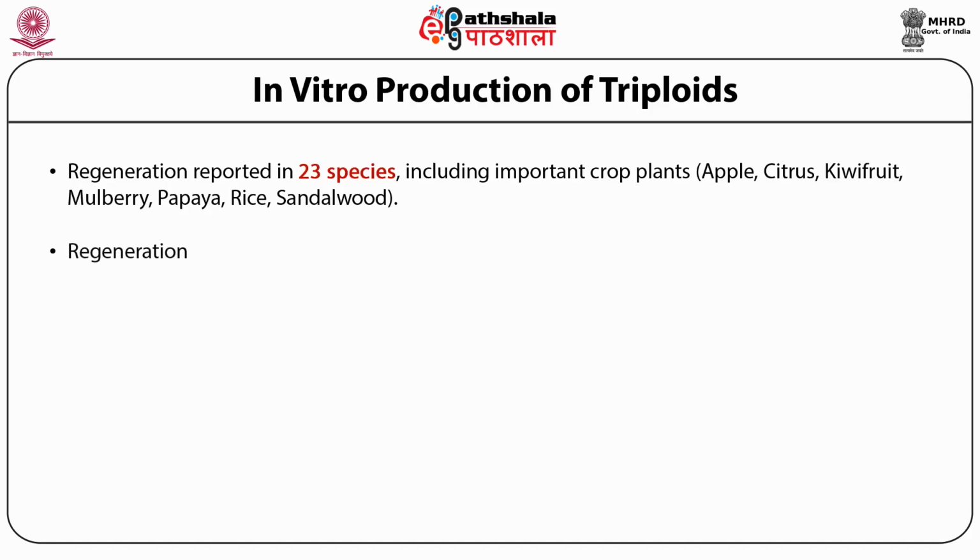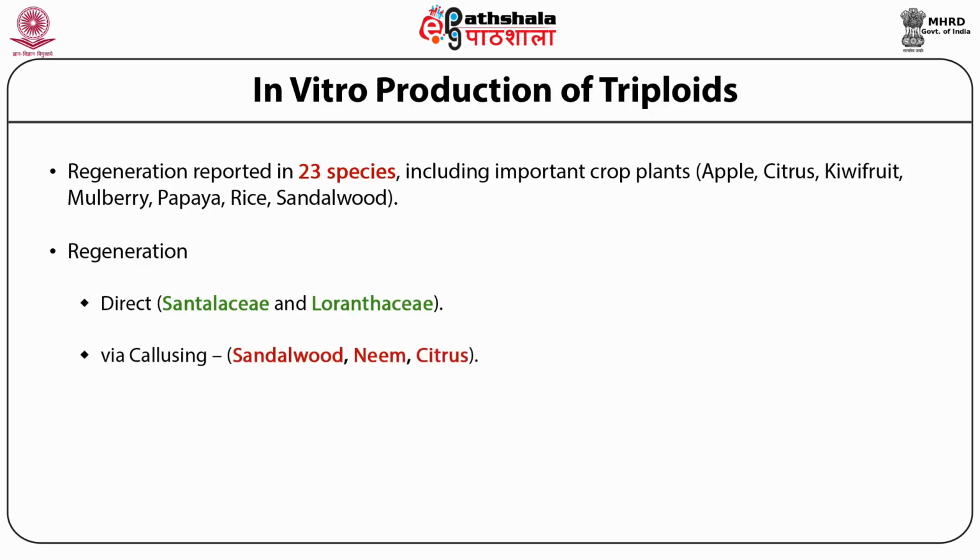Now, regeneration from the endosperm, in the families Santalaceae and Loranthaceae, occurs directly from the endosperm. But in the case of sandalwood, neem, and citrus, the endosperm first forms a callus and then differentiates plants. So you have two pathways of regeneration of plants from endosperm. One is a direct regeneration, the other is after callusing.